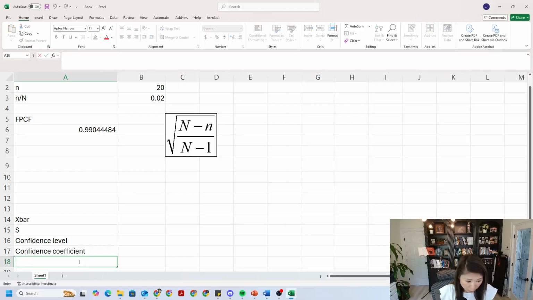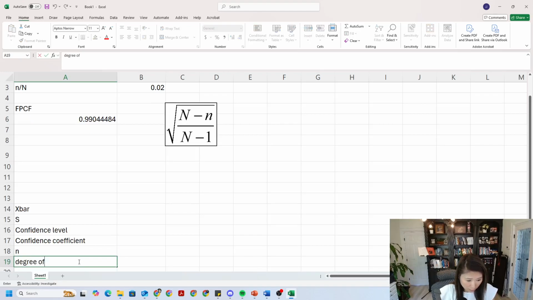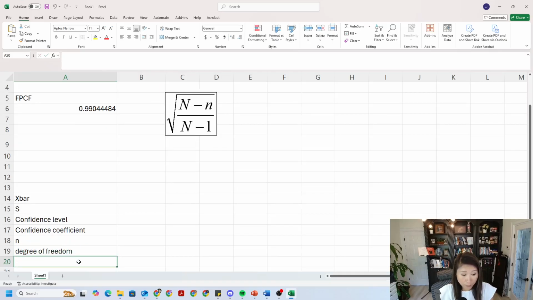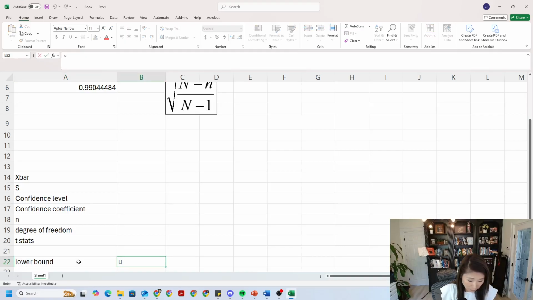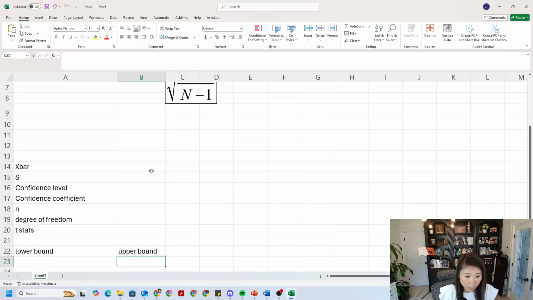Oh no, we need the degree of freedom first, sorry. We need the sample size n, and the degree of freedom is n minus 1. We did this setup in our previous video. With the degree of freedom, we can get the t stats value, and then we can get the lower bound and upper bound.